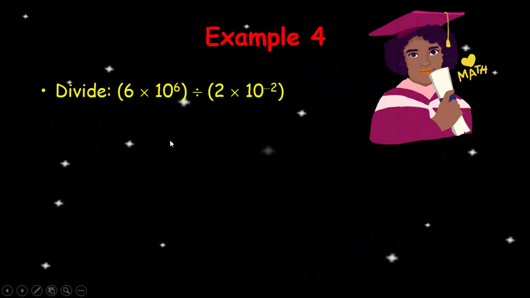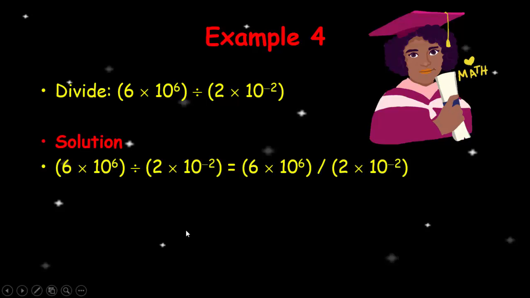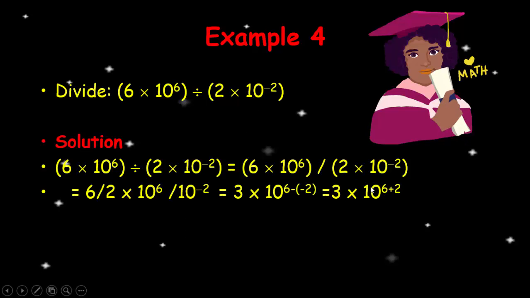Example number 4. Divide 6 times 10 to the 6th power divided by 2 times 10 to the negative 2 power. Solution. So we put this in the form 6 divided by 2 times 10 to the 6th divided by 10 to the negative 2.